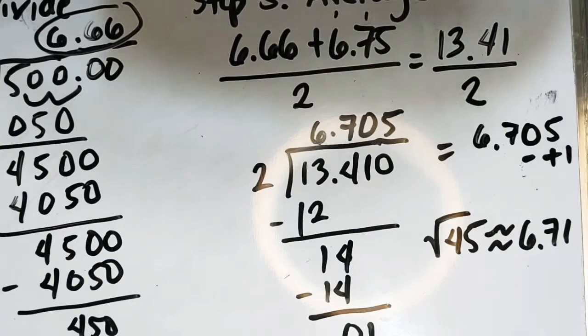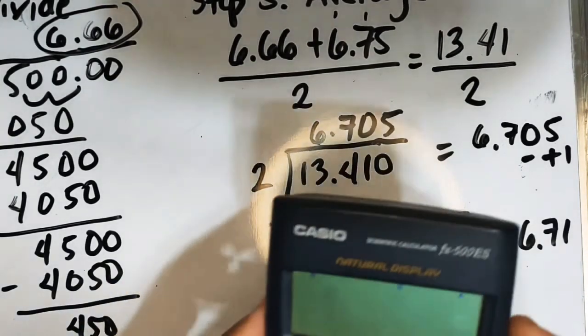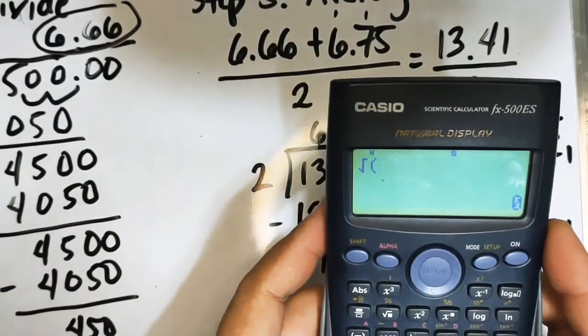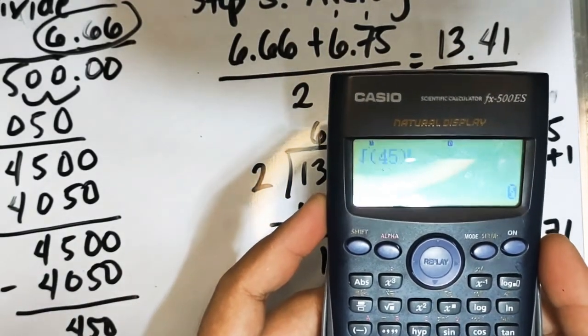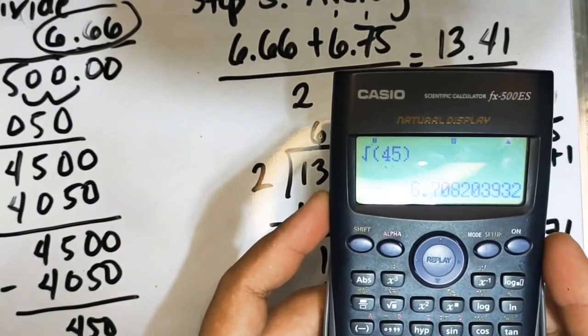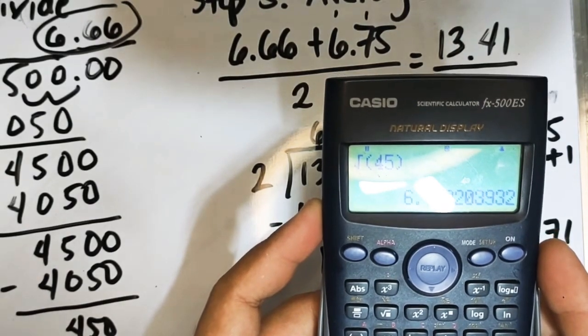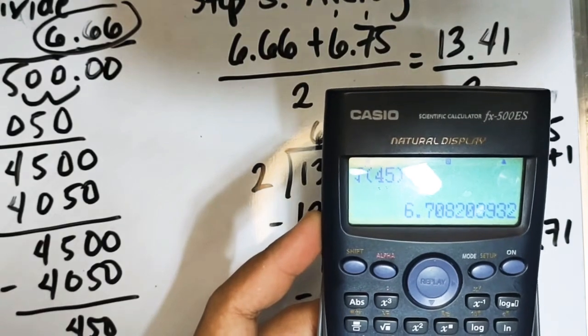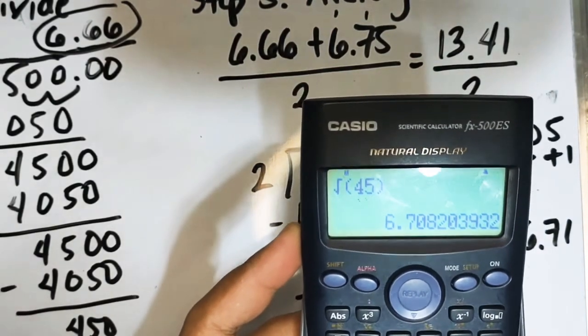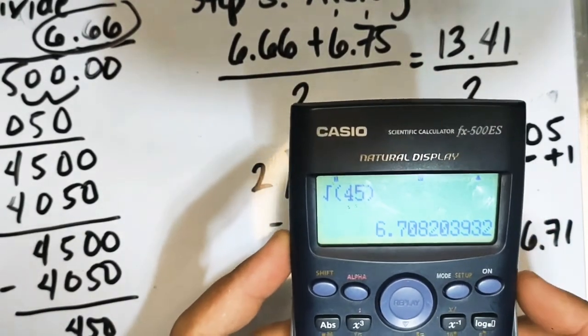Okay, so let's check. Let's get our calculator and get the square root of 45. So the square root of 45 is equal to, ayan, 6.7082039332. So pag yan ay to the nearest hundredths, 6.71. Okay, so tama yung ating estimation.